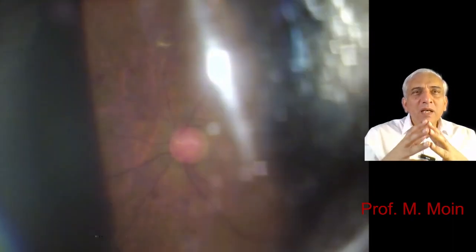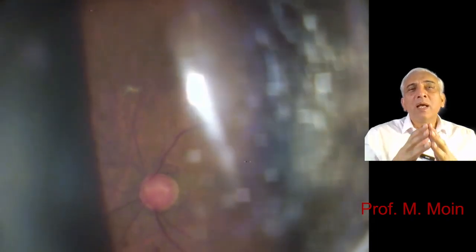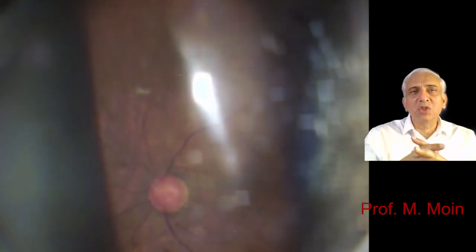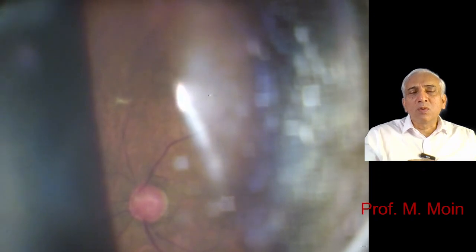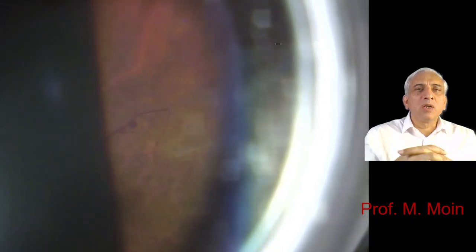So this patient is a diabetic, and diabetics, if they do not get the PRP, then rubeosis is one factor which will come in, and that can damage their vision permanently. So it's a very difficult condition to treat. The patient's intraocular pressure was 35, but they were not producing any corneal edema.